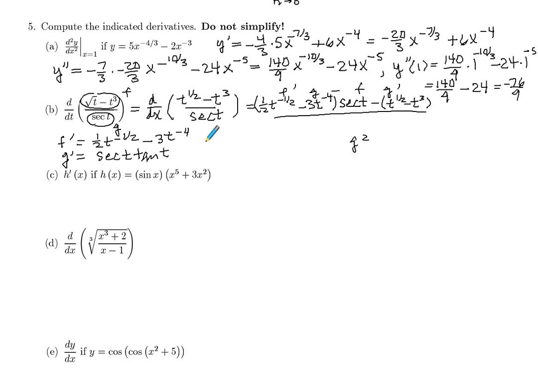So our g prime is right here, secant tangent. So times secant t tan t.